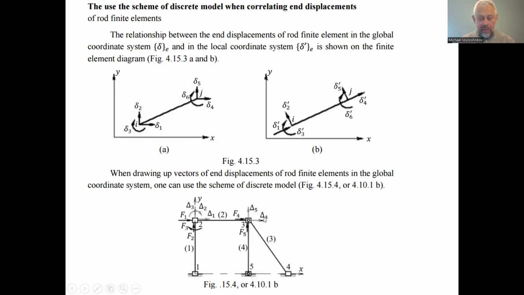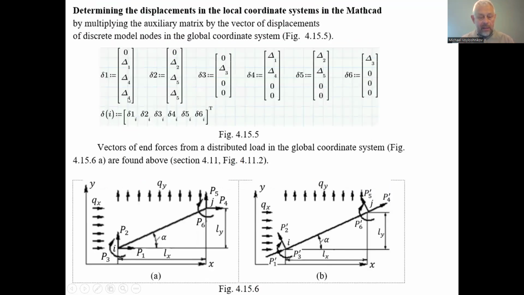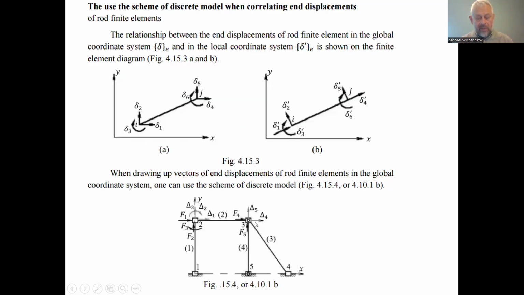The horizontal displacement is equal to delta 4, and delta 5 is the vertical displacement of the beginning of the third and fourth finite elements. These two finite elements, 3 and 4, are directed from node 3 to node 4 for element number 3, and from node 3 to node 5 for element number 4. The beginning is node 3. This node experiences displacements delta 4 and delta 5, and they coincide with the displacement of the beginning of these two finite elements, 3 and 4.